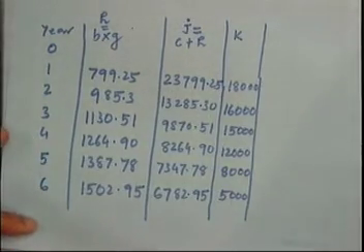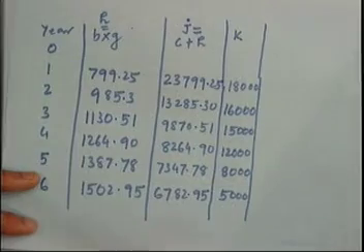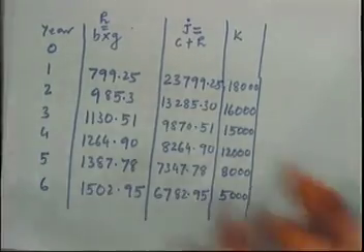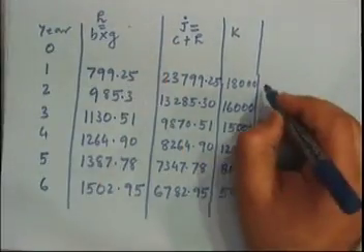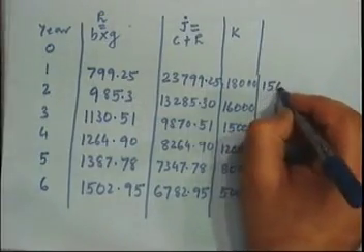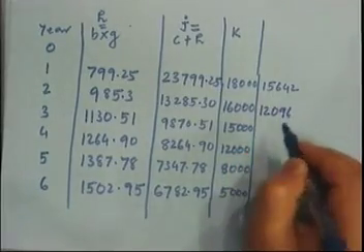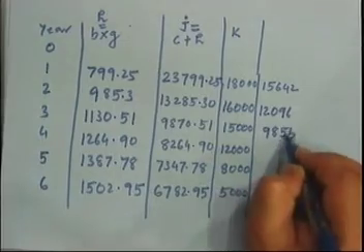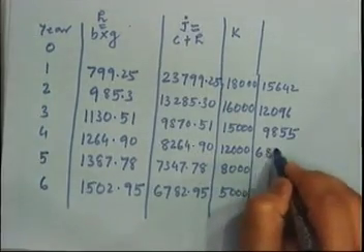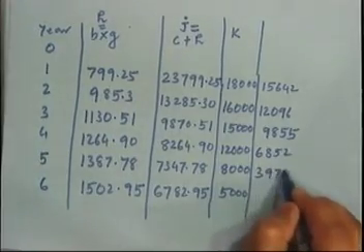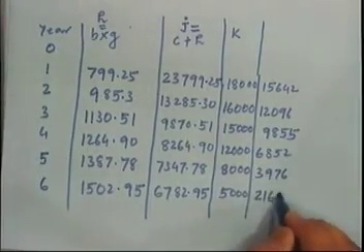Now, in a similar manner, I will calculate the present worth of resale value, because the data which is given is at the end of year. So, now I want to bring it at time t is equal to 0. So, you can use the same present worth factor and multiply it. You will get a value of 15,642, 12096, 9855, 6852, 3976 and 2160.